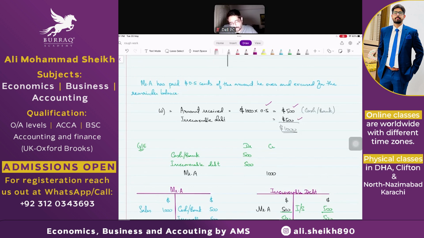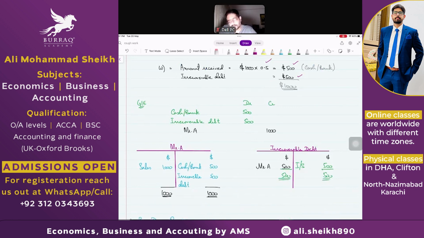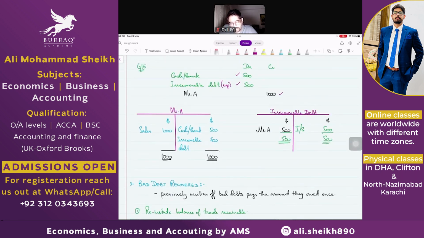How do we record the journal entry here? Cash or bank will be debited because cash increases on the debit side. Irrecoverable debt, the remainder amount of 500, will be debited as an expense. And Mr. A will be credited by $1,000. I've made another ledger account of Mr. A and irrecoverable debts.